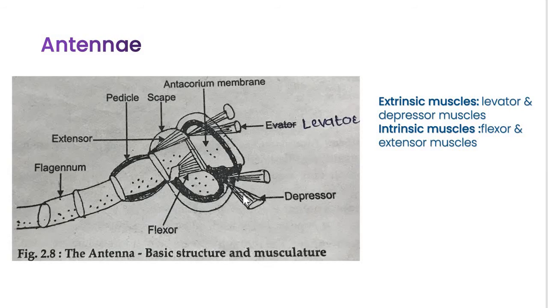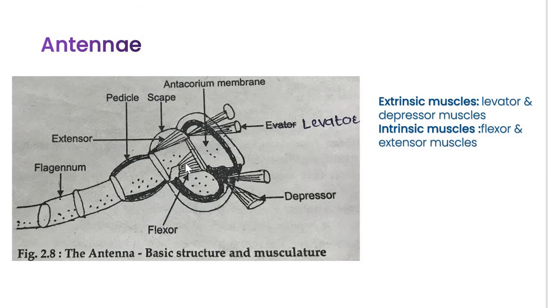The intrinsic muscles include the flexor and extensor muscles. These muscles allow the antenna to move in all directions; they provide mechanical strength to rotate the antenna in any direction.